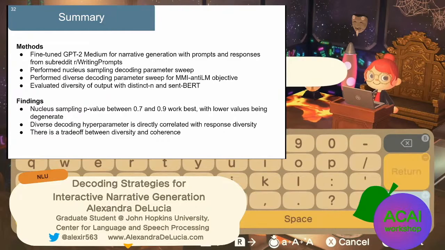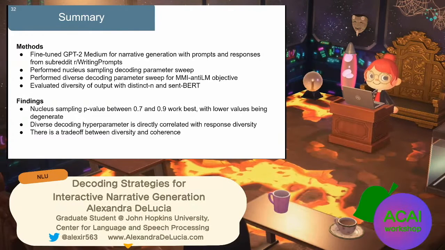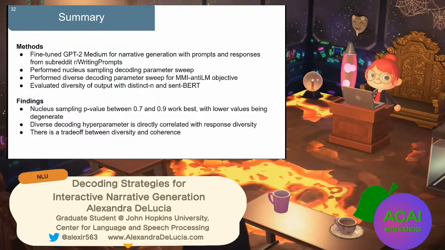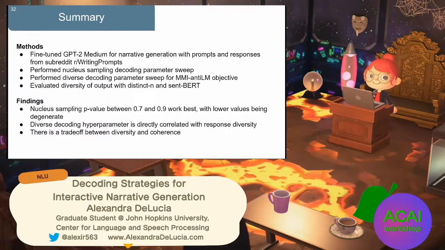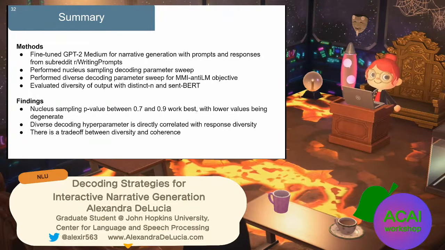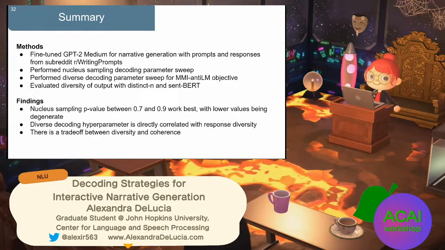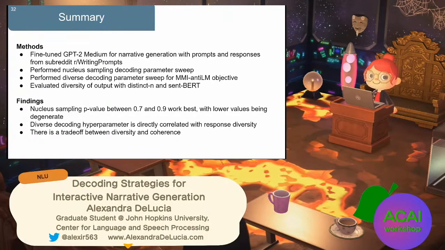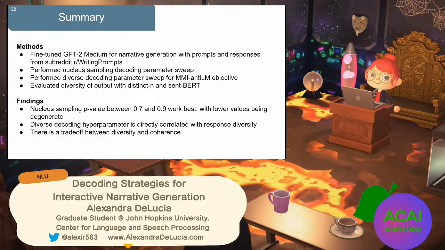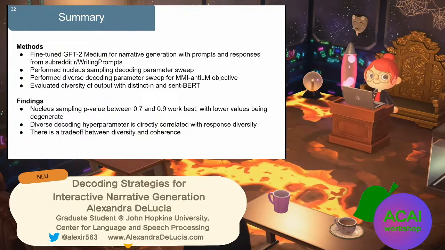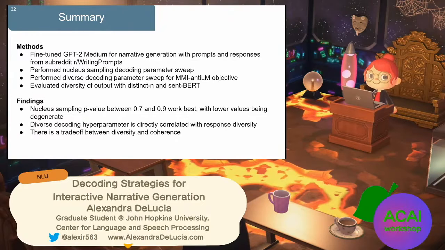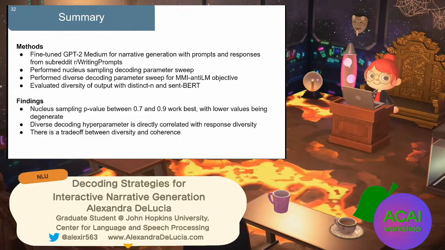We performed a parameter sweep for nucleus sampling and diverse decoding to experiment with new neural response generation methods applied to narrative generation, and we evaluated the diversity of the output with distinct N and CentBERT. And for our findings, we found that nucleus sampling p-values between 0.7 and 0.9 appeared the best, with the lower values tending to go towards degeneracy.